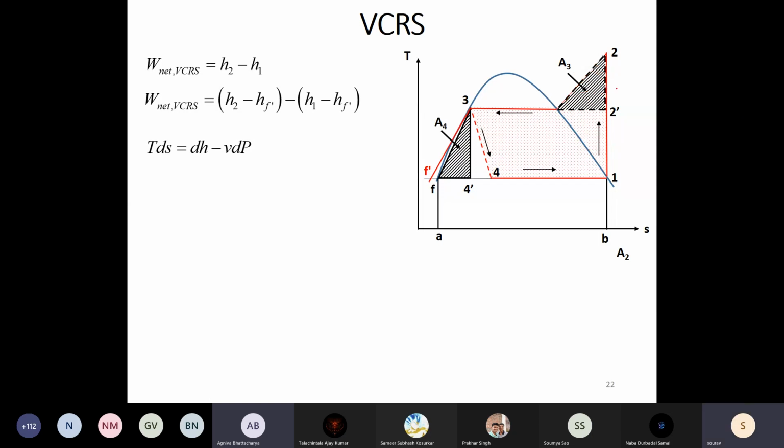Of course, people analyzed all the natural refrigerants which were available, like water, CO2, and saw that these losses are a particular percentage of the area under this rectangle. Now, how to reduce these areas?